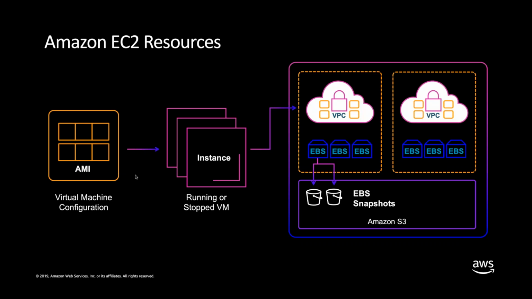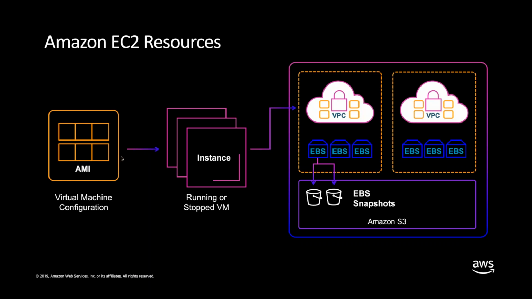If you're familiar with virtual machines in your on-prem environments, it's almost the same, but this is running on the cloud, in AWS. We have an Amazon Machine Image, which is the configuration of your virtual machine, like the OS, the number of CPUs, and memory.